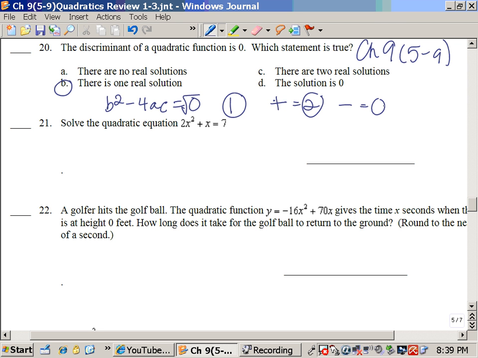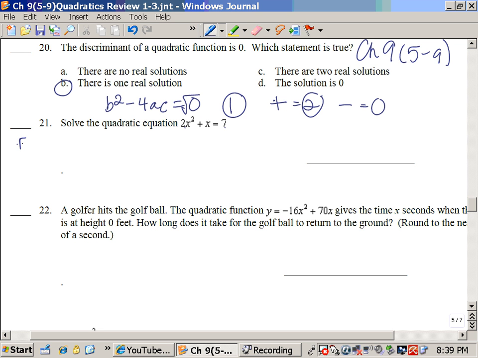Okay, let's look at this quadratic equation, and we've got to make a decision as to how we're going to solve it. The first way is factoring. If you factor, you're going to have to do slip and slide, and you have to multiply the 2 times the 7, which gives you 14. Then you have to add to get 1. I can't think of anything that multiplies to give me negative 14 and adds to give me 1, so I'm not going to factor.